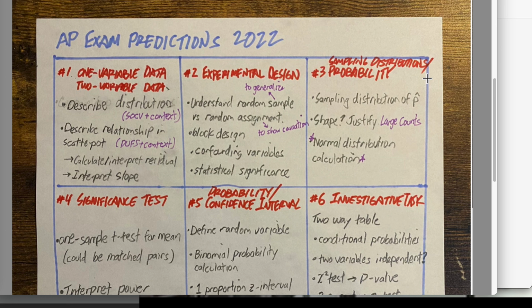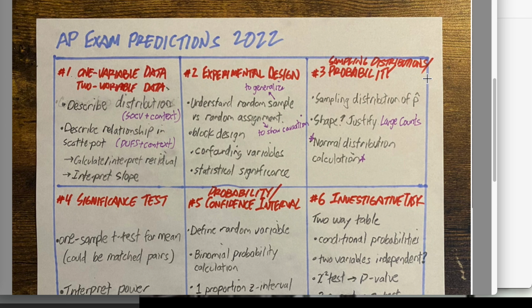So one variable data, two variable data, describe distributions, describe relationships, scatter plot. So that's like, is it a logarithmic regression? What kind of fit are we talking about? If it's one variable data, then it could be just a matter of skewness. So how is the data organized? Is it normally distributed? Is it skewed in one direction or the other?